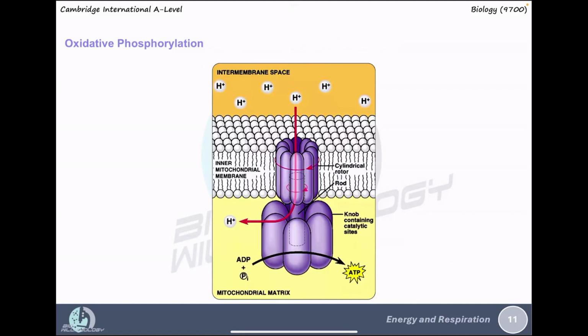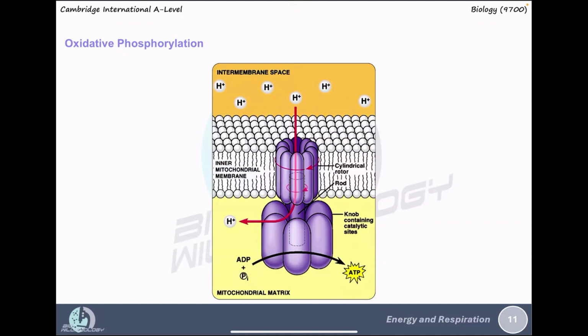The next way or process that produces ATP is through oxidative phosphorylation. Oxidative phosphorylation can only occur during aerobic respiration, where oxygen must be present.